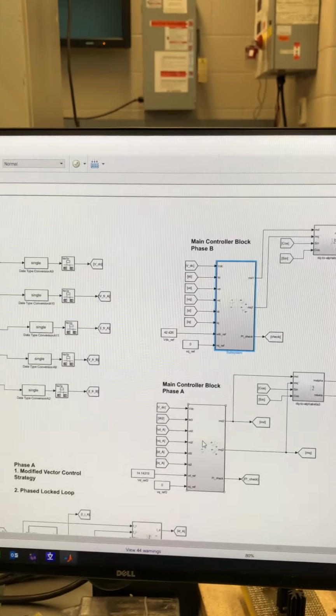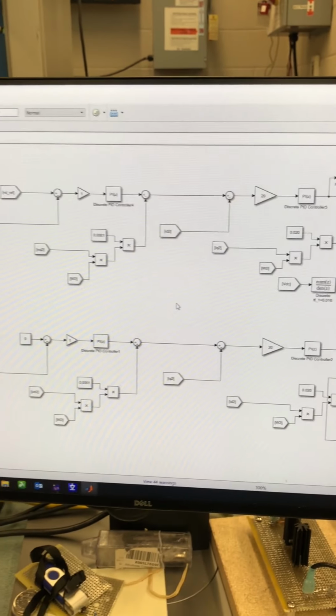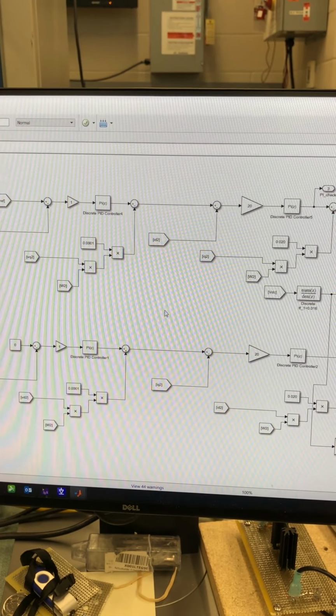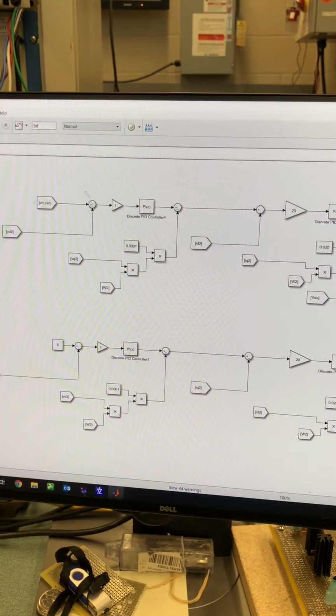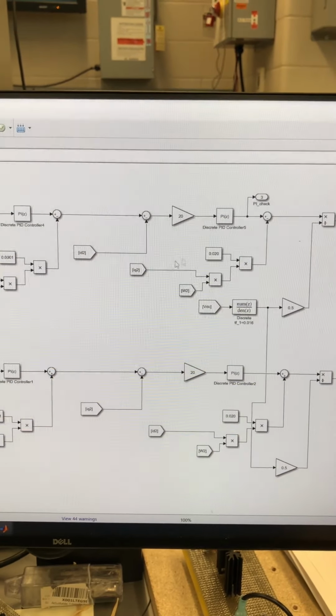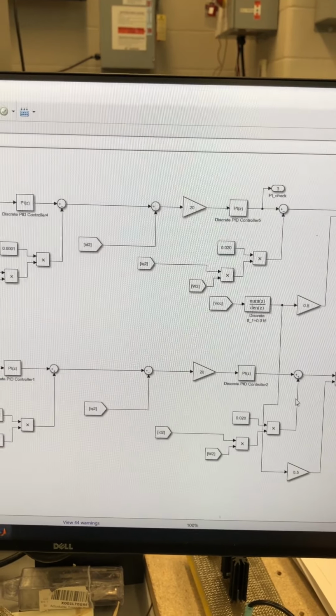The next thing is the DC to AC side control, and this is the outer voltage loop control for the system, and there is an inner control loop for the DQ components of the current.